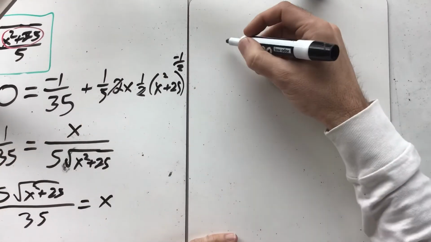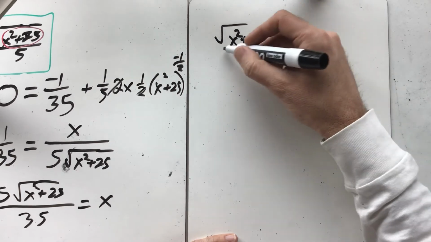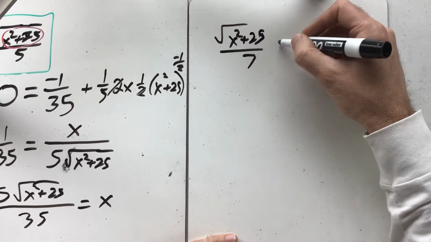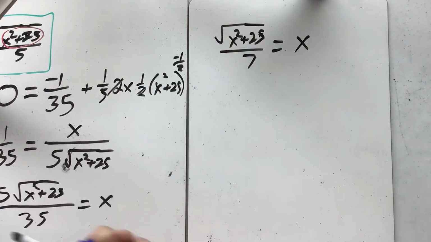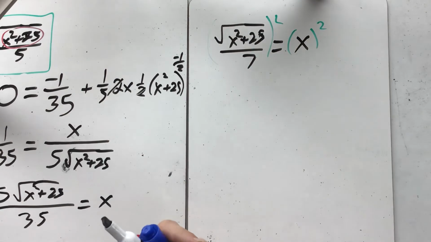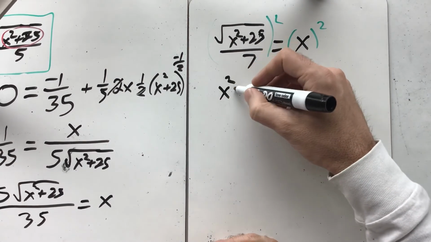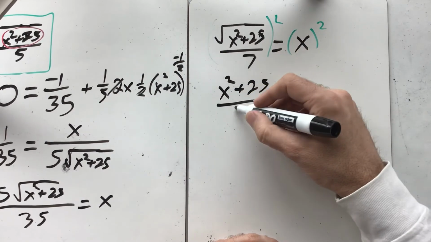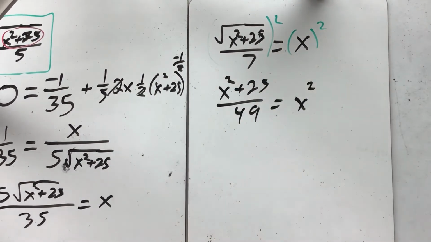These 5's cancel, and we've got the square root of x squared plus 25 over 7 equals x. And now I'm just going to square everything to get rid of that square root. And on the left, that's going to give me x squared plus 25 divided by 49. And on the right, it equals x squared.